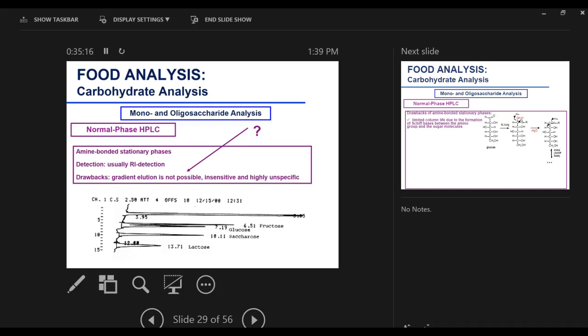Because refractive index by definition is impacted by whatever concentration you have. It's not specific. If you change the concentration of anything, any solids, you're going to change the refractive index. So if we're after carbohydrates specifically, and there is nothing else in your sample, you need to keep the mobile phase constant.